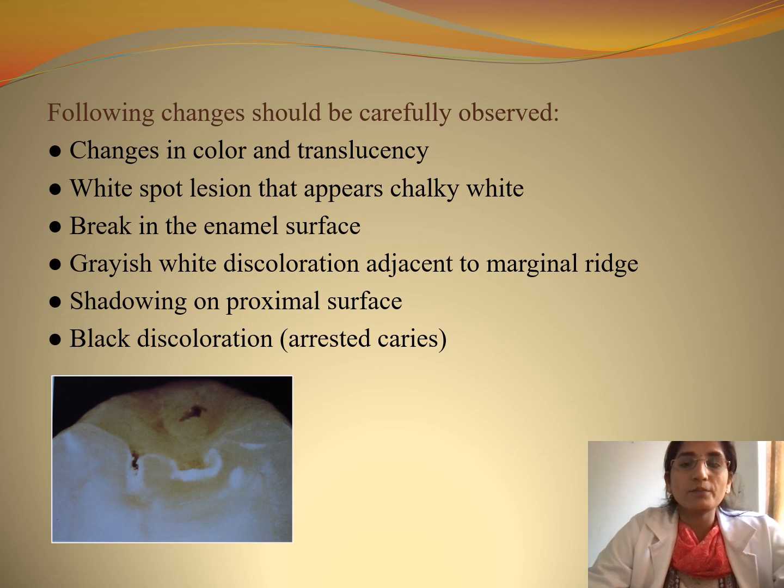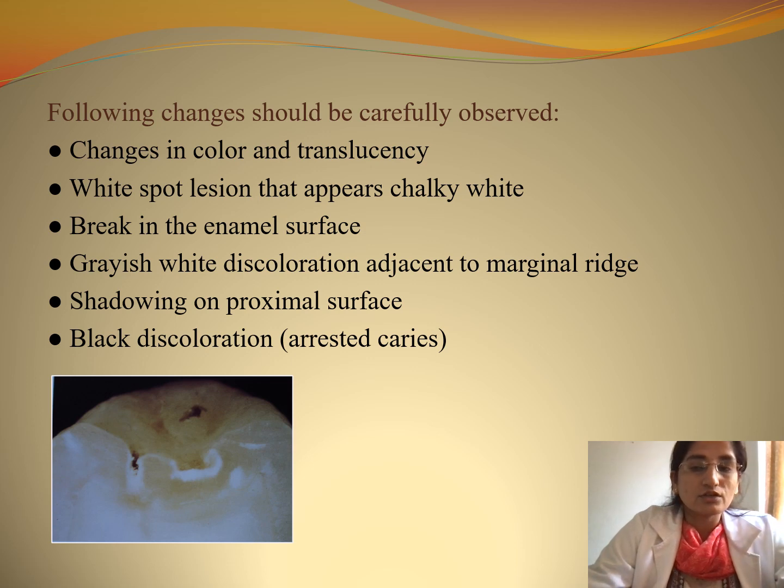So one has to observe carefully when it comes to visualization. You will have to observe the tooth for changes in color and translucency, and also check for white spot lesions, which appear chalky white in color, and there should be a break in the enamel surface, and for any grayish white discoloration adjacent to the marginal ridge, shadowing on the proximal surface, and black discoloration.